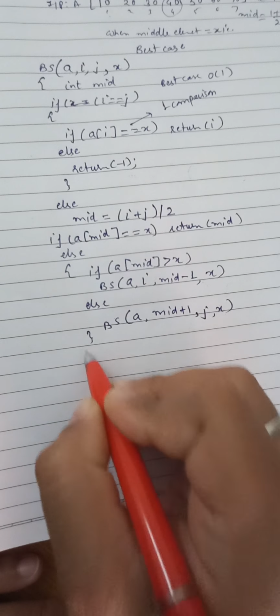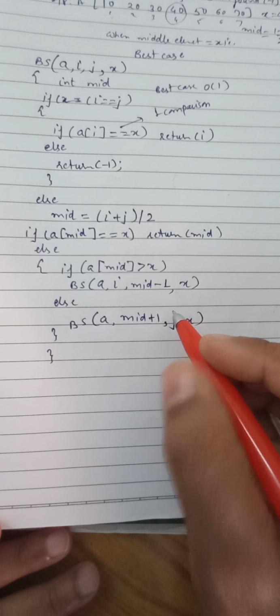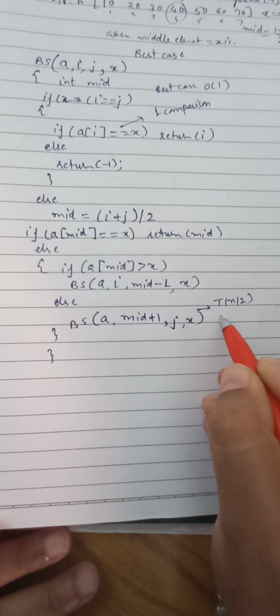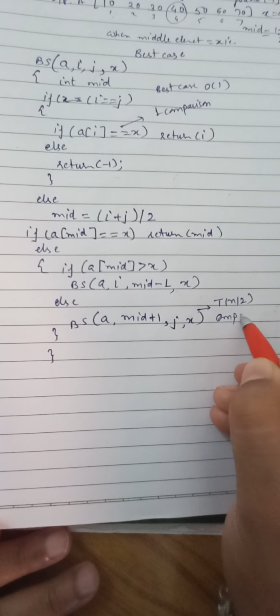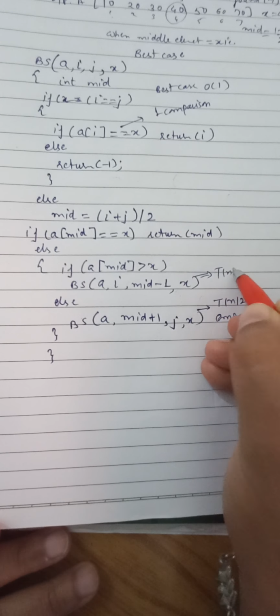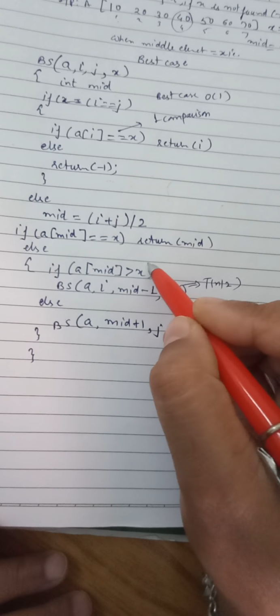So then closing bracket. So how many comparisons will occur? Because here we divided the whole thing by 2, so T(n/2) comparisons. Here also T(n/2) comparisons, and here we are cross checking whether it is greater or not.